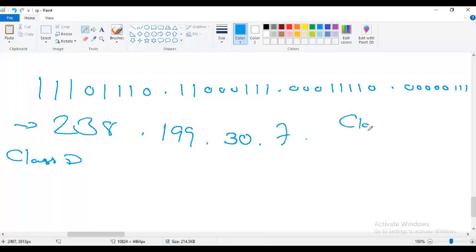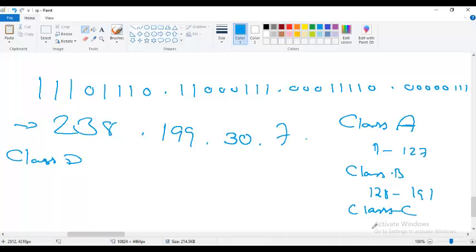Class C ranges 192 to 223. And then class D 224 to 239. You see, this is less than 239. It is in between these two, right? So this address is a class D range address. First octet, only the first octet. Class D is called the multicast range. Multicast address.